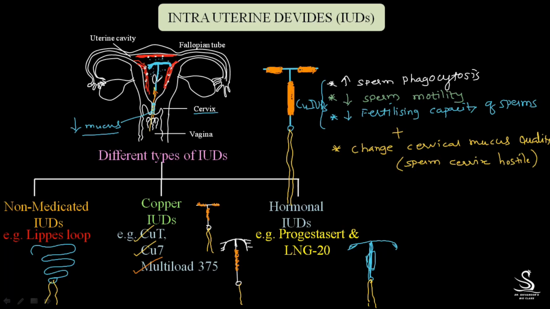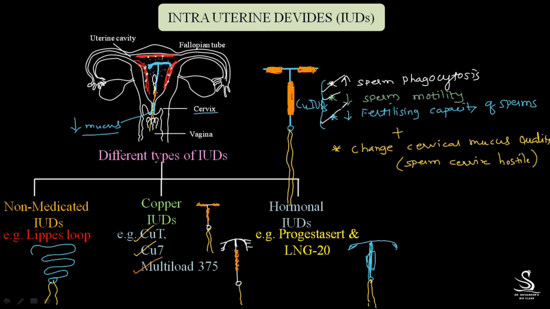Due to the presence of more hormone here, the sperm forward motility is going to decrease. In addition to that, inflammation is there. Because of that, the sperm phagocytosis is going to increase. And due to the altered quality of the endometrium, even the fertilizing capacity of the sperm is going to decrease. Got it, students?